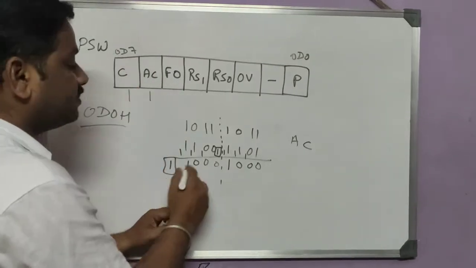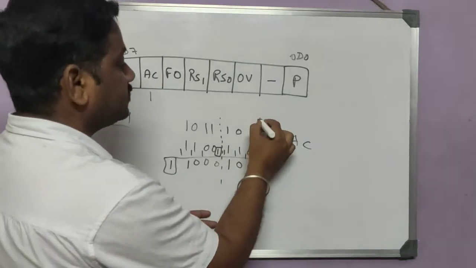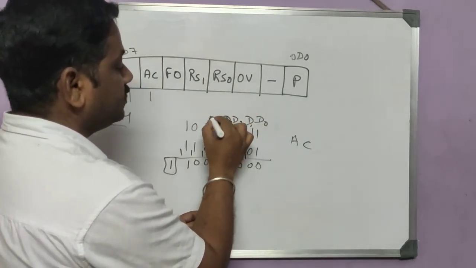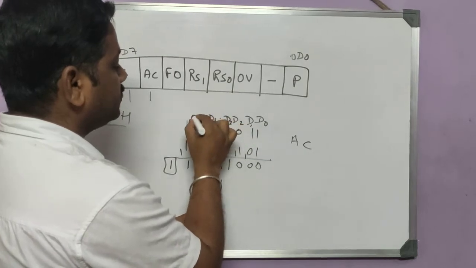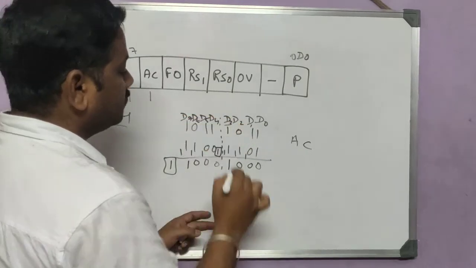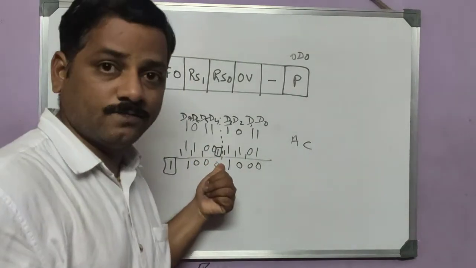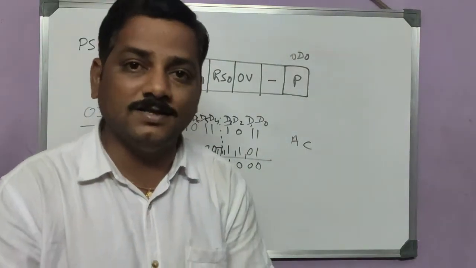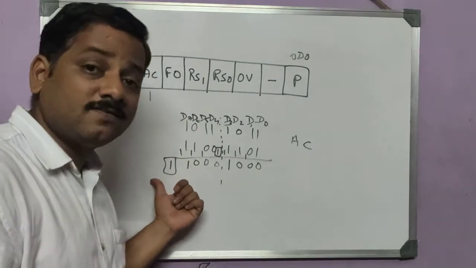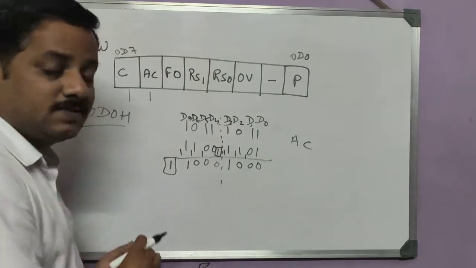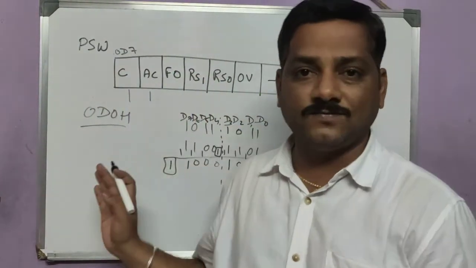So this is the difference. If I take this as bit 0, D0, D1, D2, D3, D4, D5, D6, D7, then when you add numbers, if you are getting a carry from D3 to D4, that is the auxiliary carry. If you are getting a carry after D7, that is nothing but just a carry. I hope the difference between the auxiliary carry and carry is clear for you.